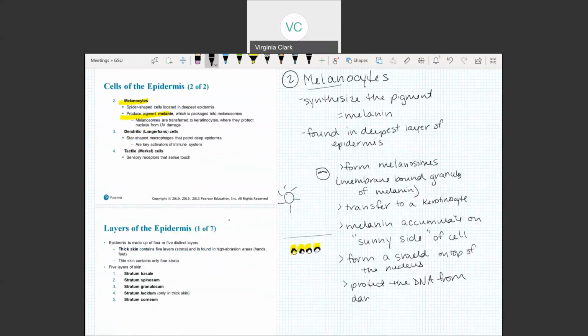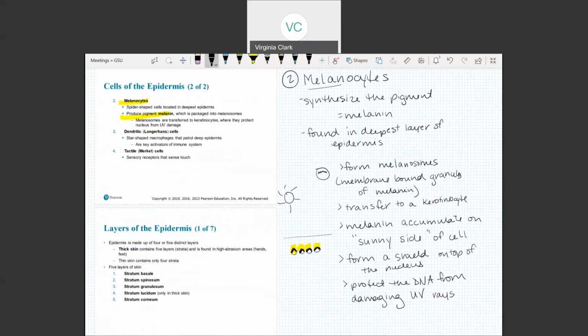So that's a lot of really cool information on why we have these melanosomes that are moved from one cell to the other, passing along this melanin from a melanocyte to a keratinocyte.